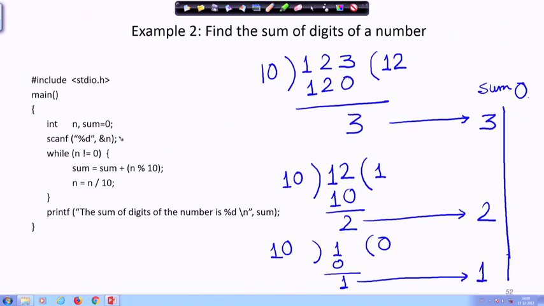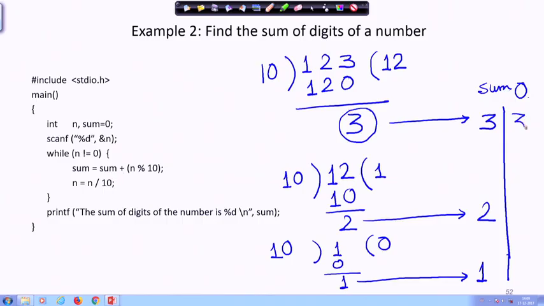Then I read the number, that is say 123 has come. Now, while the number n, that is 123, is not 0, then I take n modulus 10. N modulus 10 will give me what? The remainder 3, and add it to the sum.